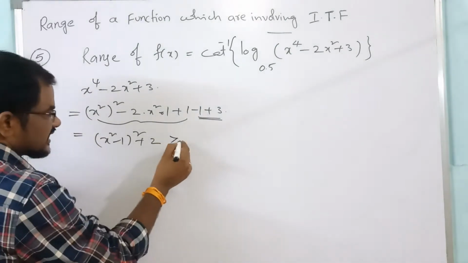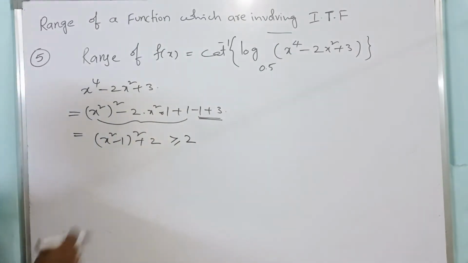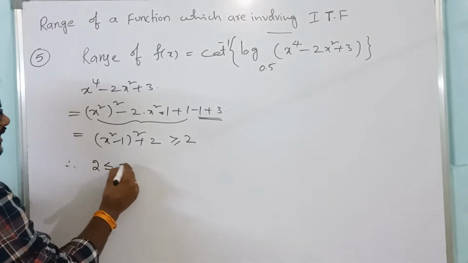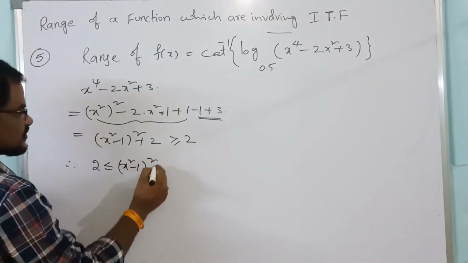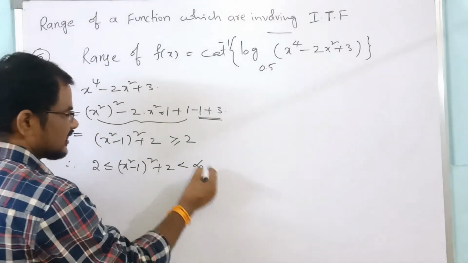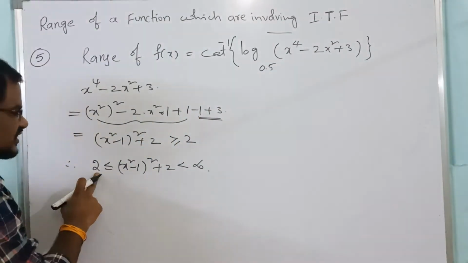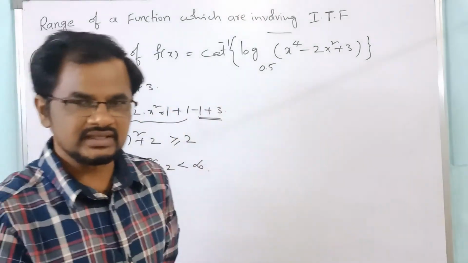So this is greater than or equal to 2, because the square is greater than or equal to 0. Therefore 2 is less than or equal to (x square minus 1) whole square plus 2, which is less than infinity. So the range of this expression is the closed interval 2 to infinity.